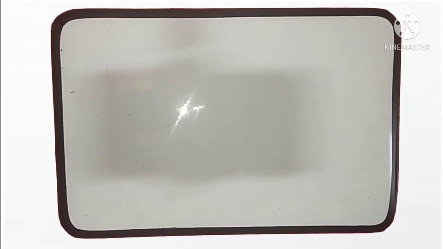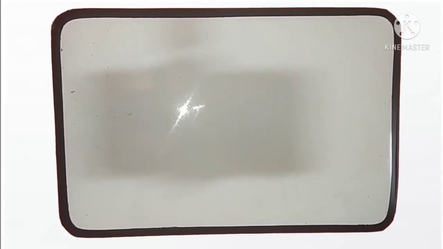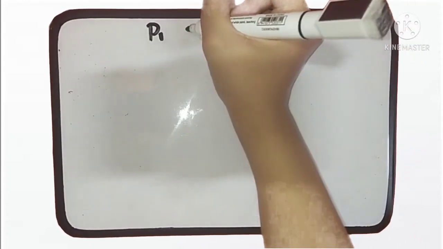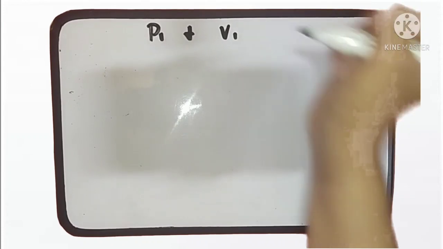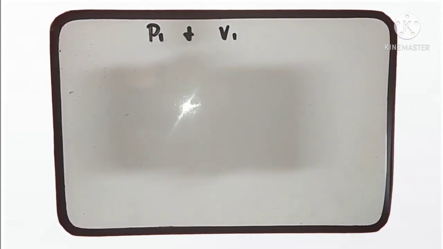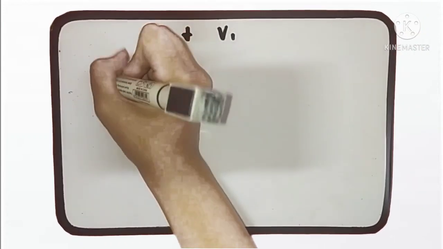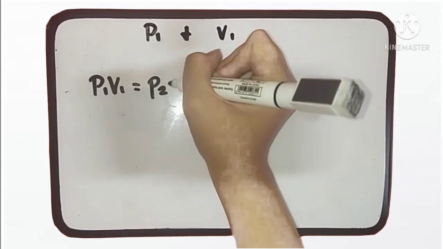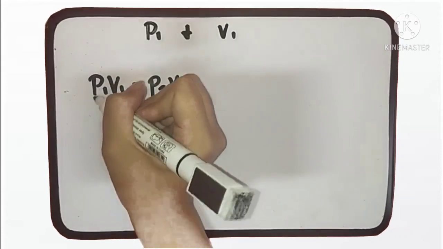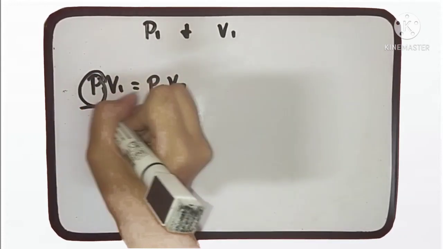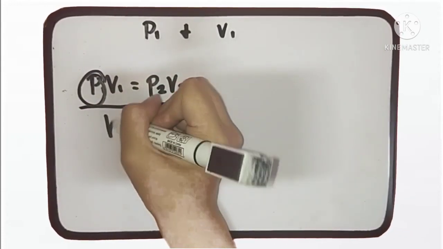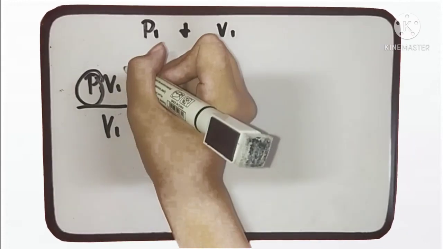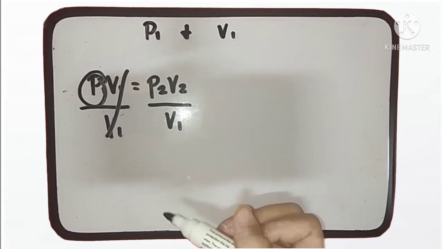Lastly, I'm going to show you how to derive the formula when looking for the initial pressure and the initial volume. The same thing as what we've done a while ago, since we have P1 times V1 is equal to P2 times V2. If we're looking for P1, we'll simply divide both sides by V1 so that P1 will remain on one side and V1 will be cancelled.